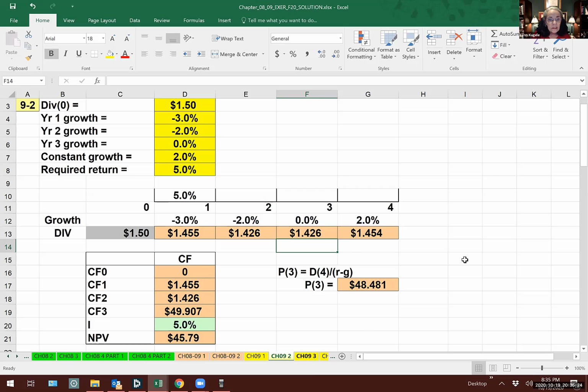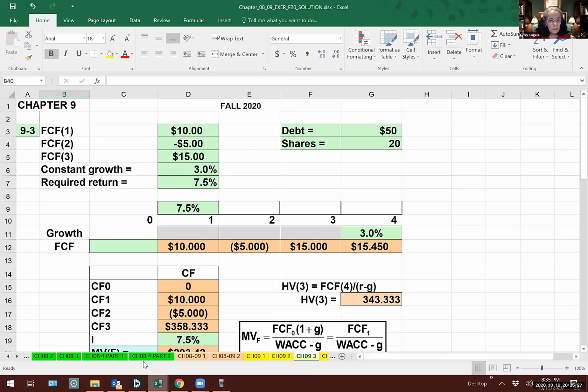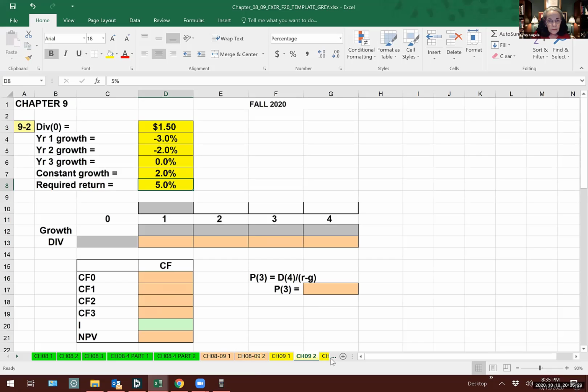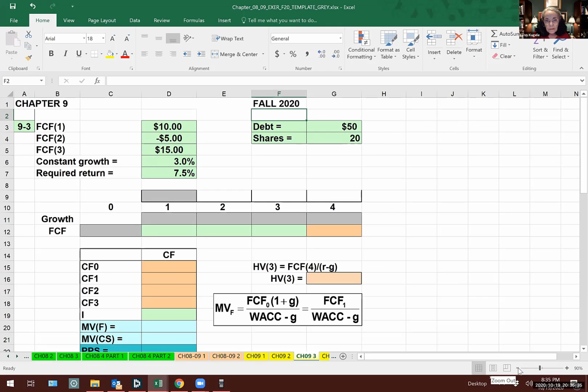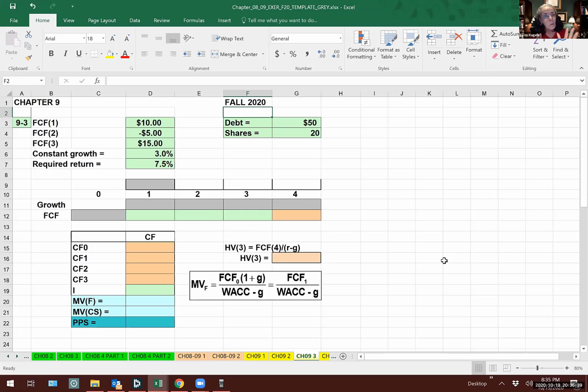Okay, let's look at this one. Let me go back to the template. I want you to work on the template. Number 3. In this case, this is going to use what's called free cash flow valuation. But they're telling you that free cash flow is going to be uneven, but they're not giving you an uneven growth rate.